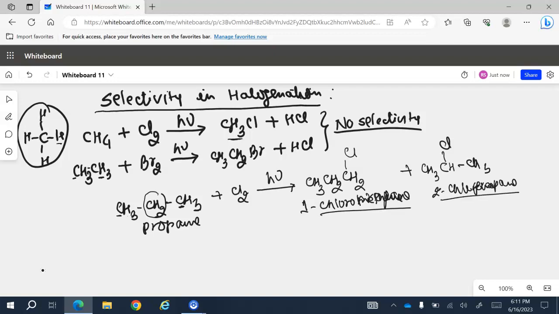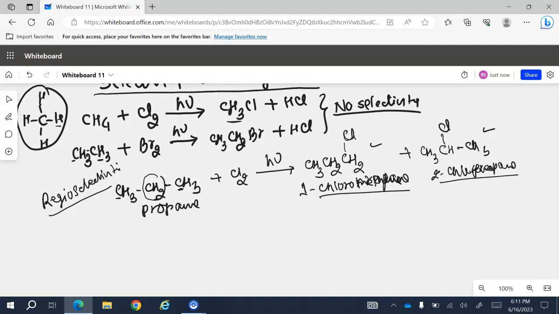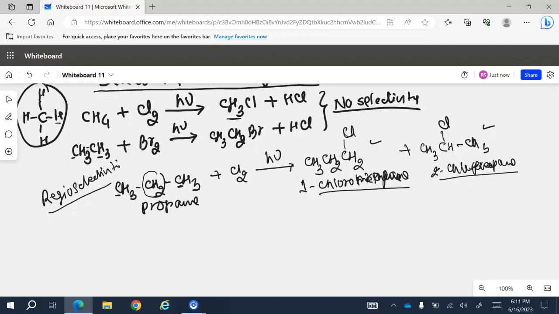Now the question here is which one will be the major product? Which one will form in larger amount and which one will form in a smaller amount? That is what we call regioselectivity.